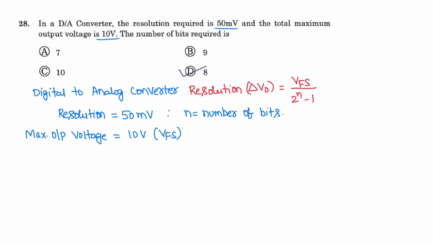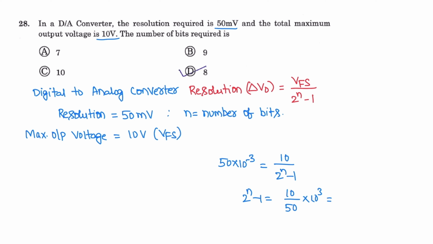So substitute in this formula: 50 into 10 power minus 3 is equal to 10 volts by 2 power n minus 1. So 2 power n minus 1 is equal to 10 by 50 into 10 power minus 3, which becomes 200.